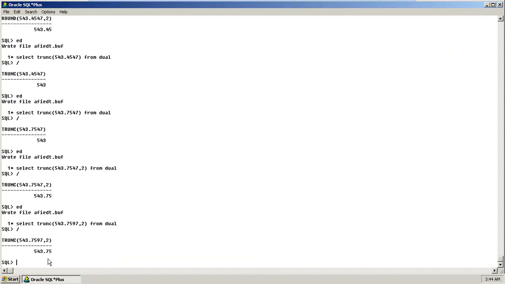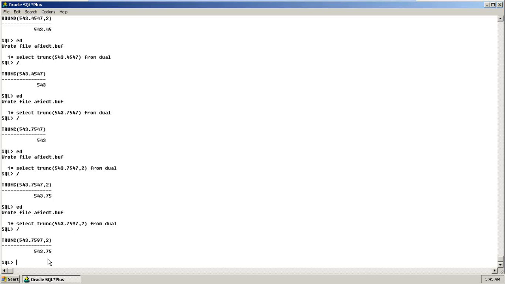Trunc always takes you to the previous value. It doesn't go to the next value, so there is no 50% criteria. Whatever it is, it just eliminates the specified decimal positions. That's it. That is what truncating is.